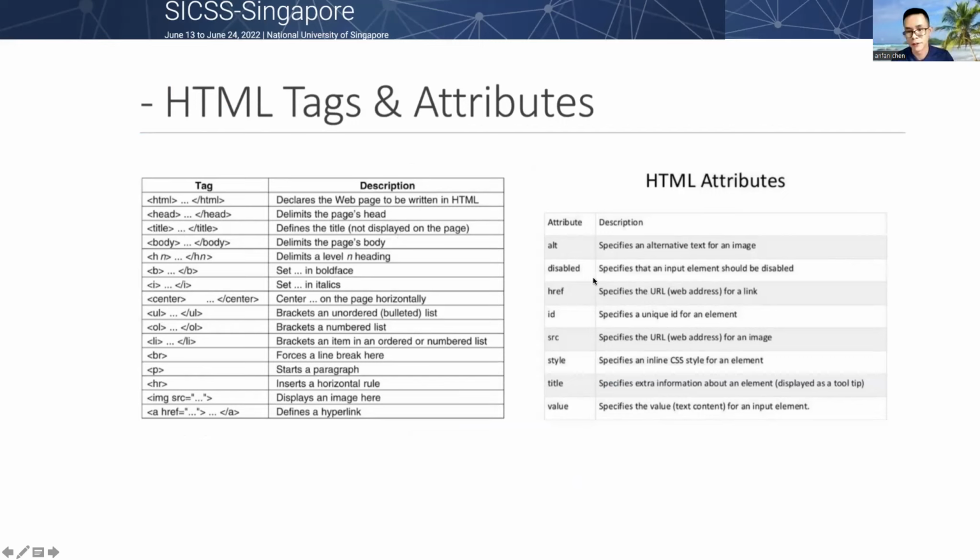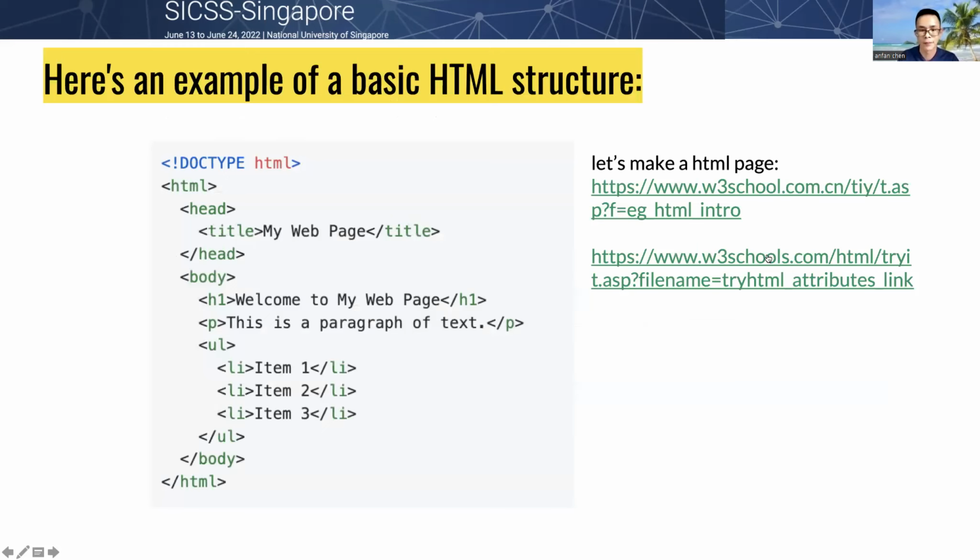For the attributes, there are different kinds, such as value, which specifies the value for an input element, and title, which specifies the actual information about elements. And the URL specifies the URL, and ID, and the URL for a link. This is an example of the attributes and the text.